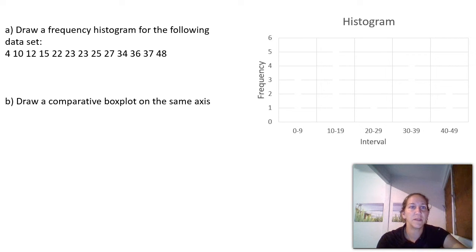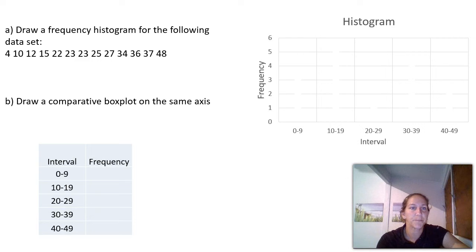So the first step is to draw a frequency table. I've got my intervals here, and then I just need to count up the number of values that fit into each interval. I've got one value that fits into the interval of 0 to 9. I've got 1, 2, 3 values that fit into the interval of 10 to 19.